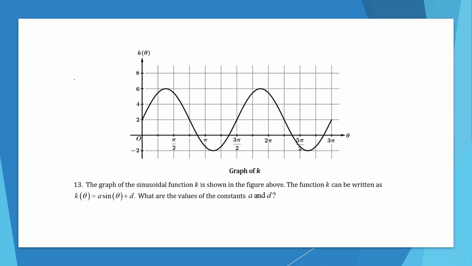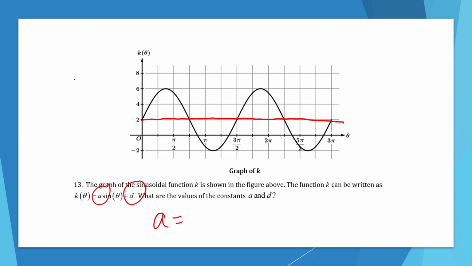All right, number 13. The function k can be written as a sine of theta plus d. What are the values of constants a and d? So taking a look here, I can easily draw my midline to start with, and we just want to find the amplitude and the midline. We don't need to worry about any horizontal translations. Obviously, there is going to be vertical translations.